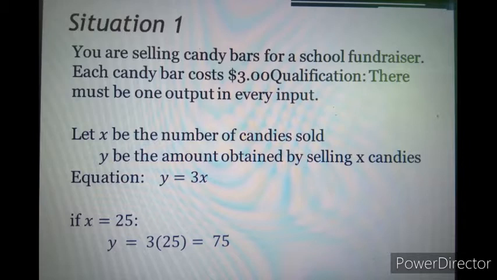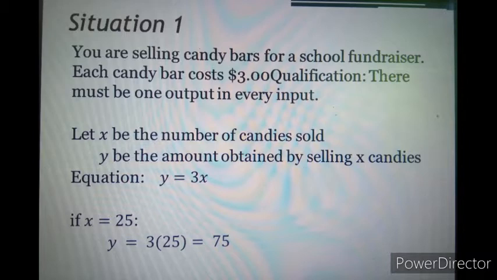Using that qualification, if you sell 25 candy bars, you'll obtain $75, and there is nothing except $75 that you can get.